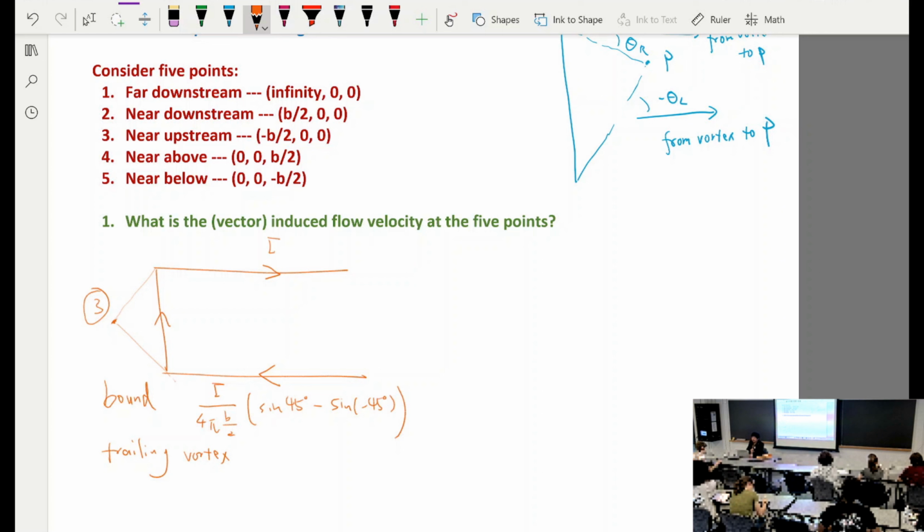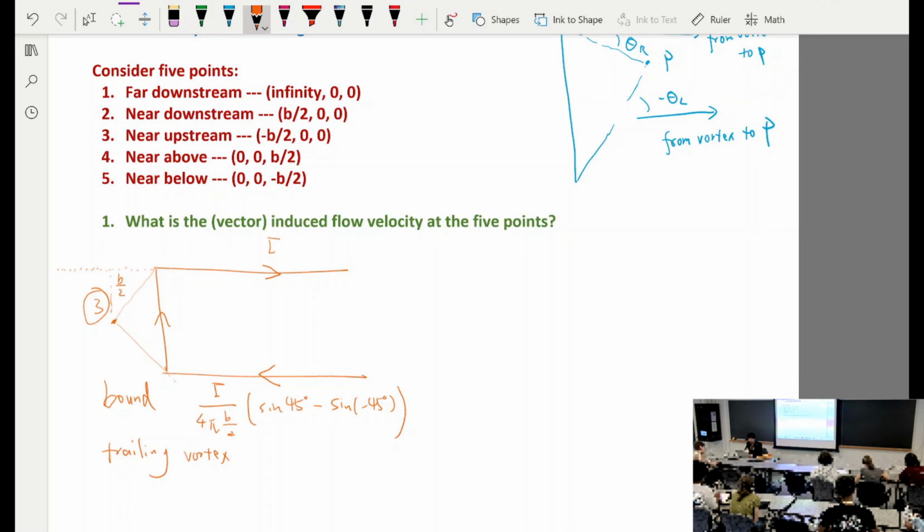Okay, now let's look at it numerically. What is the distance x? The distance x here is the distance from the observation point to the infinite extension of that vortex. So the distance here is again b over 2.